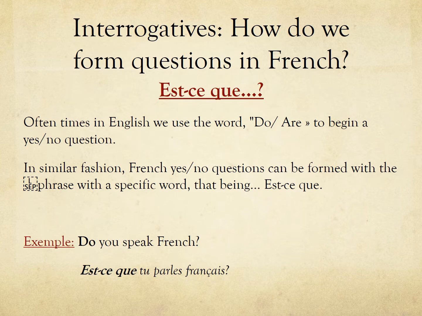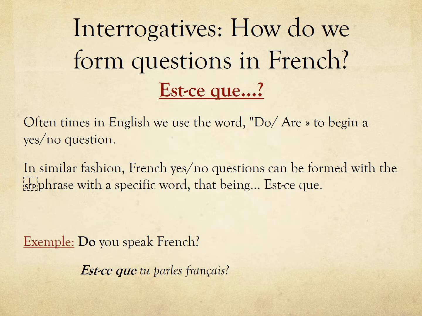So how do we form questions in French? So the first question that we're going to take a look at is the question word est-ce que. So oftentimes in English, we use the word do or are to begin a yes or no question. In similar fashion, French yes or no questions can be formed with the phrase est-ce que to begin our question.